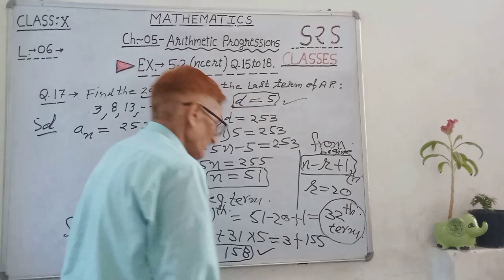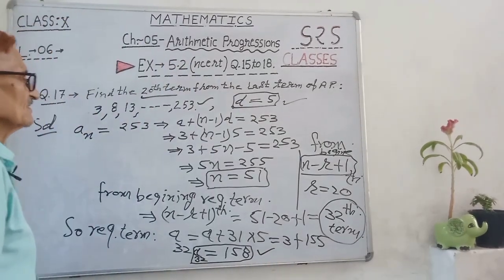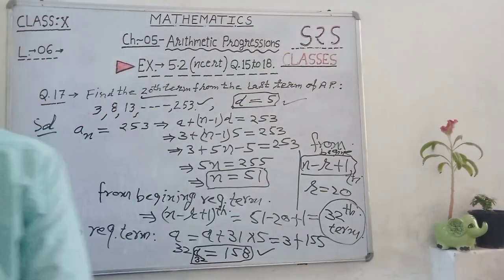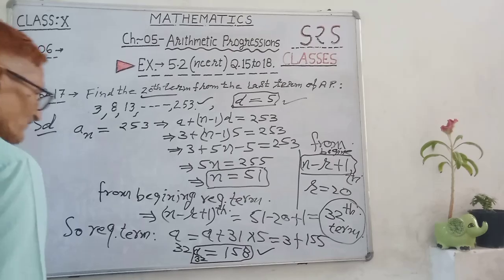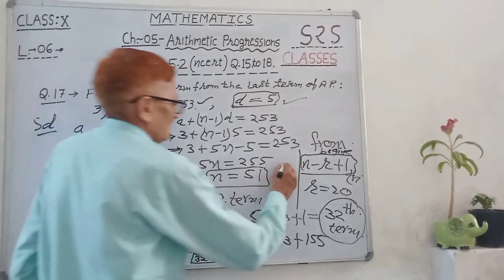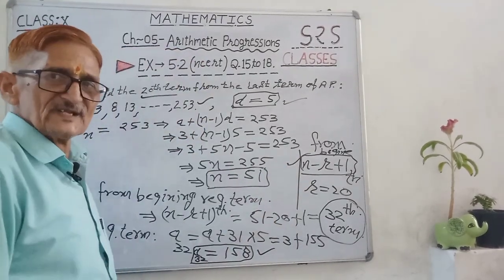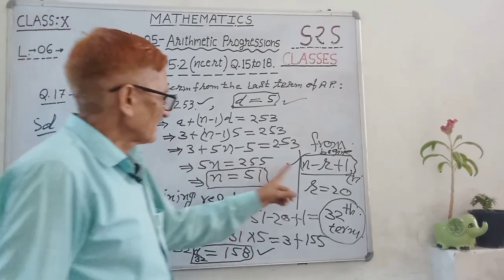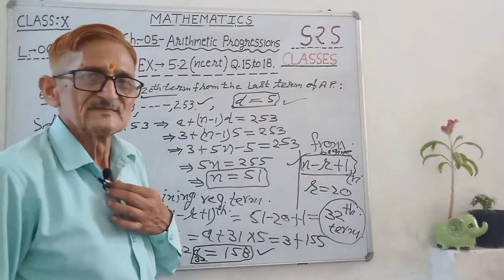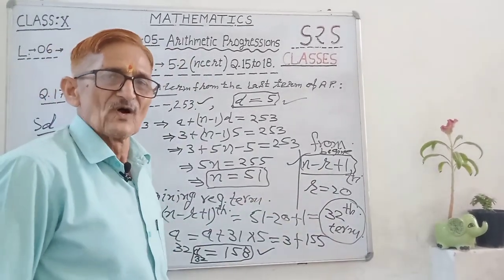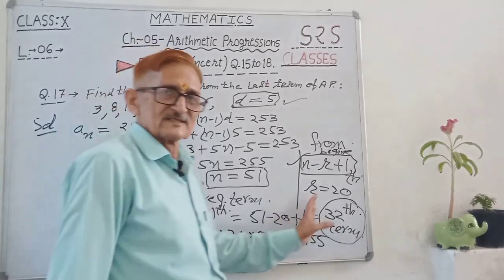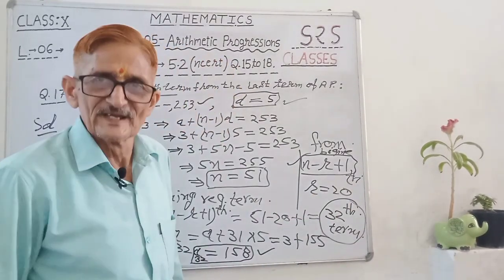Okay, 158 is the answer. So from the end, the 20th term is 158. This formula converts to the beginning: the rth term from the end is called the (n minus r plus 1)th term from the beginning.